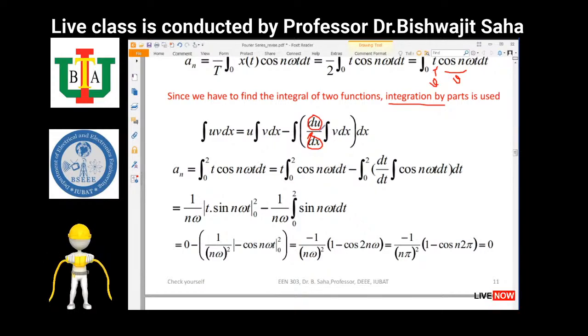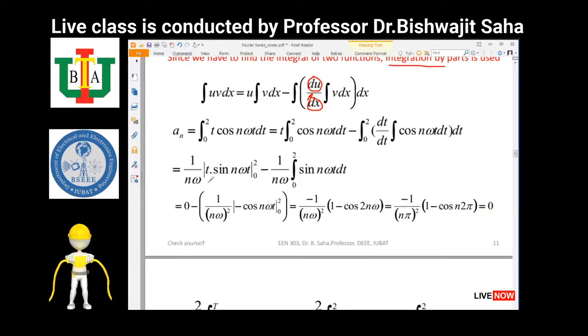Because the variable is t and t is considered as u, dt can be cancelled out, so that we can do the integration easily. That's why t is considered as u and cos(n omega t) is considered as v. Up to this, does everybody understand? Yes, sir.